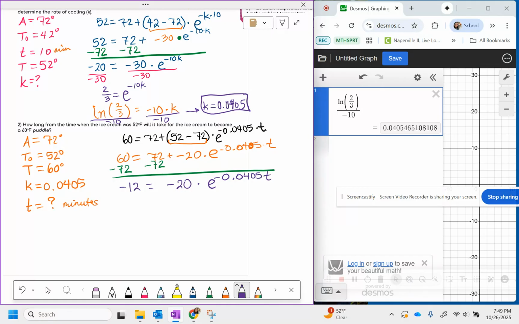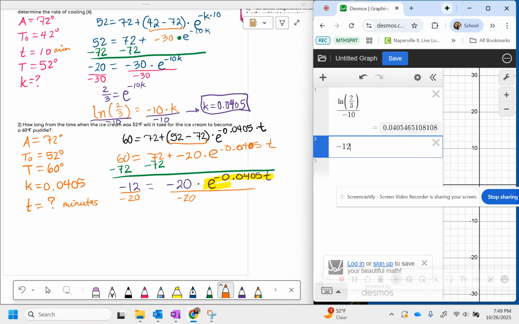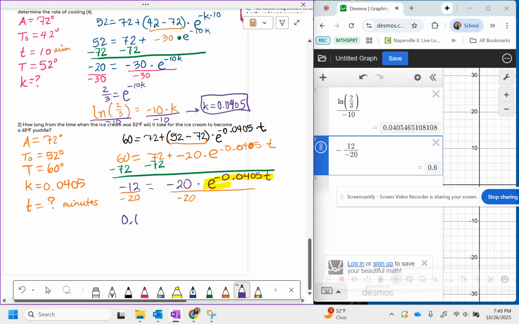Now, my variable is in my exponent, so I'm going to have to use logs again. So I'll divide both sides by negative 20. Let's see, is that a nice number? I do know it will be positive. So 0.6, yes, that's a nice number. So 0.6 equals e to the negative 0.0405 times t. And I'm going to write that as log base e, or ln.